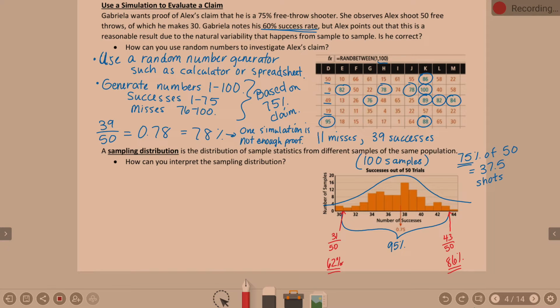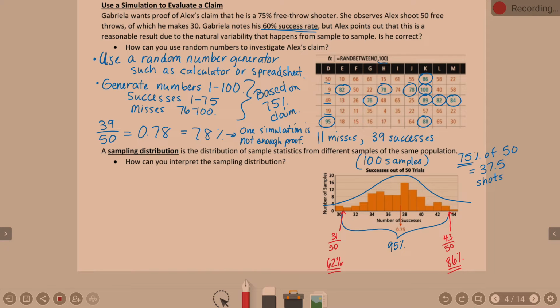Does his 60% success rate while Gabriella was watching him make that true? No. 60%, while just barely, is outside of the acceptable range. So by shooting only 60%, he's probably fudging a little bit. He's probably not exactly a 75% free throw shooter. Because whether it's a bad day or an extra good day, he should be able to fall in the range of 62 to 86%.